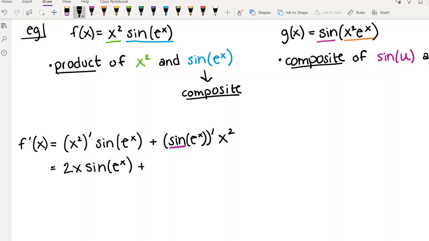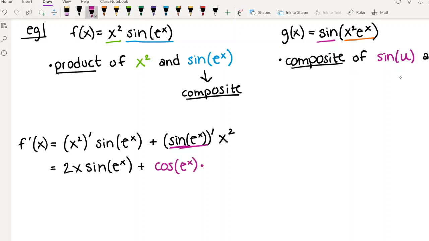So what's the derivative of sine of something? It's cosine. So we're going to do cosine of that same input. And maybe let me color code this, so you don't get lost in all this stuff. So this part is what I'm writing the derivative of now. So the derivative of this is going to be, like we just said, cosine of e to the x. So that's the outside part of the derivative.